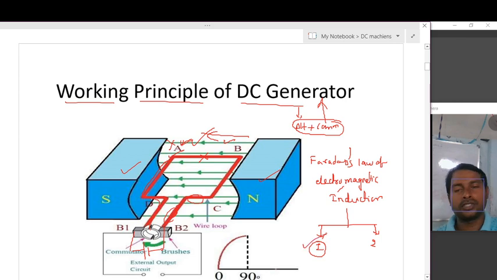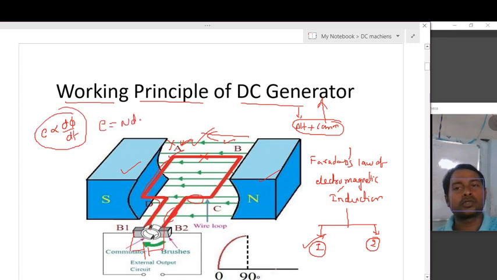So this is Faraday's first law, and what is Faraday's second law? According to Faraday's second law, induced EMF is directly proportional to the rate of change of flux linkages, d phi by dt. So the magnitude of the induced EMF is directly proportional to the rate of change of flux linkages.